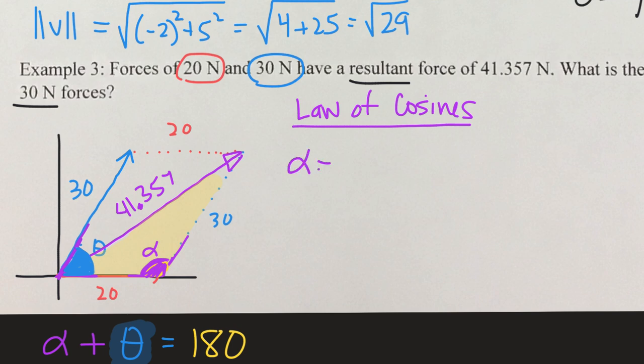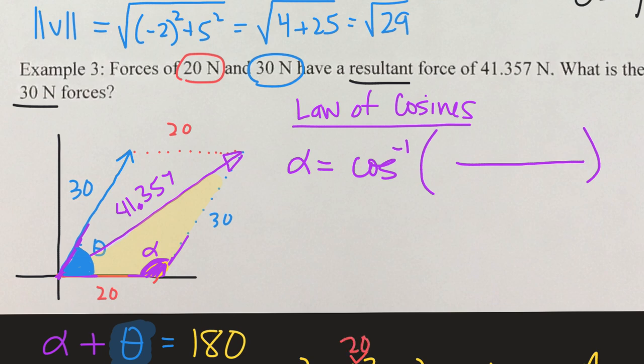We say alpha equals the inverse cosine. So I am solving my law of cosines for my angle. Let me write down the law of cosines real quick. So there's the law of cosines. Notice the side that we're trying to find is always associated with the angle that we are using. So I have this equation, alpha equals, that's solving my equation for A. In relation to our problem, B and C are your vectors 20 and 30.